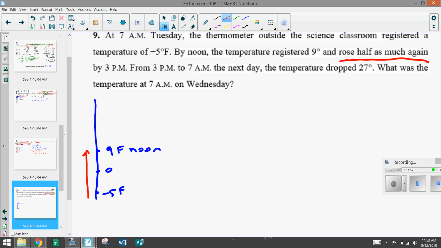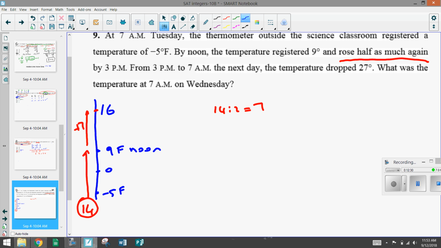Exactly, that is 14. And half as much again. 14 divided by 2 is 7. Yes, it's going to rise 7 more. 9 plus 7 is 16. Okay?